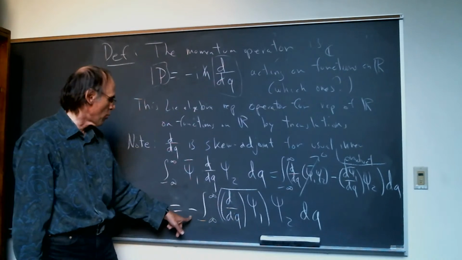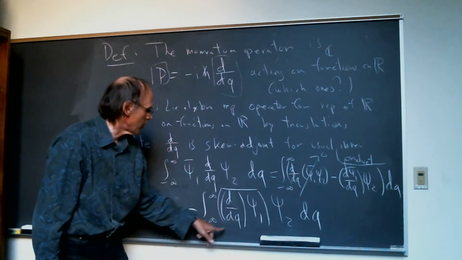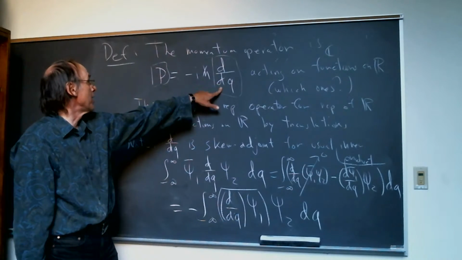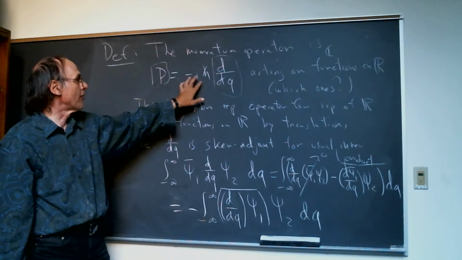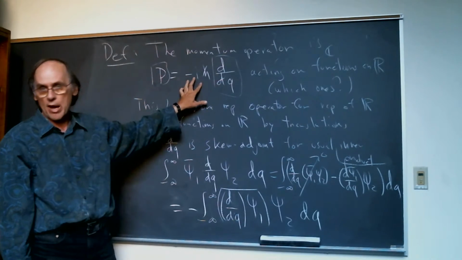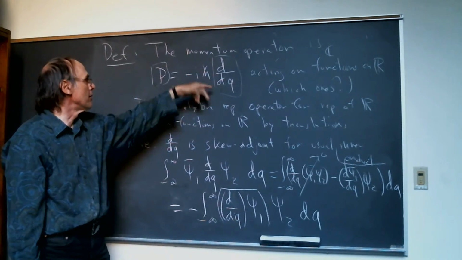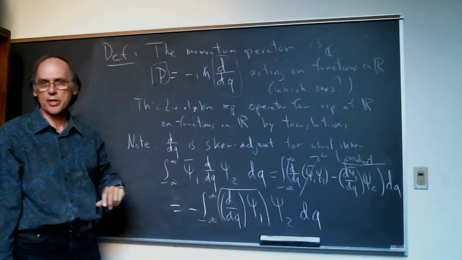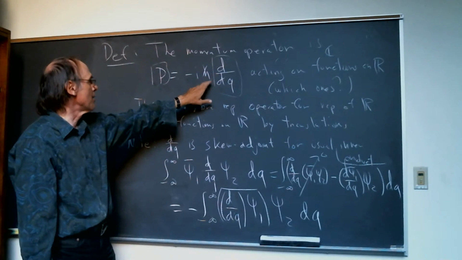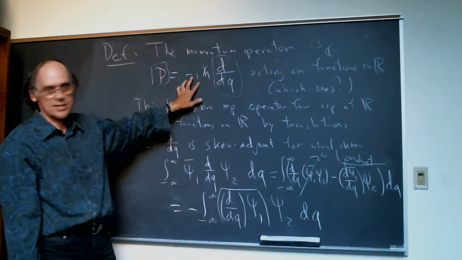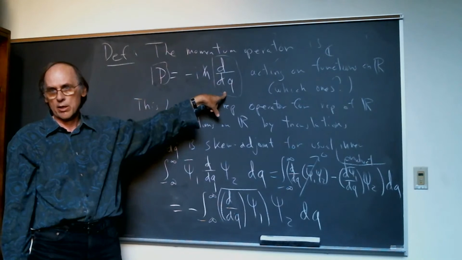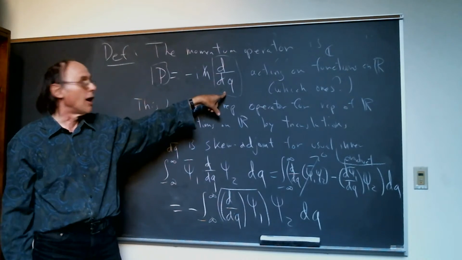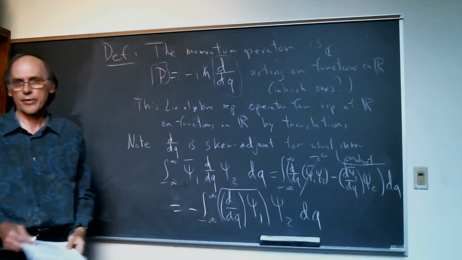And so if instead of the skew adjoint operator d/dq you want a self adjoint operator, the standard thing to do is multiply by minus i, and h bar we could assume is 1. This comes from wanting something self adjoint, and this is basically the Lie algebra representation operator for the translations. Okay.